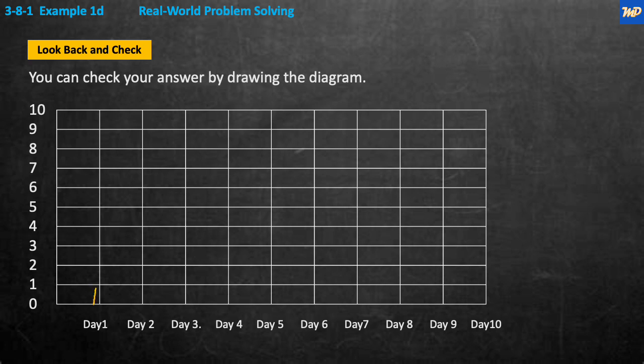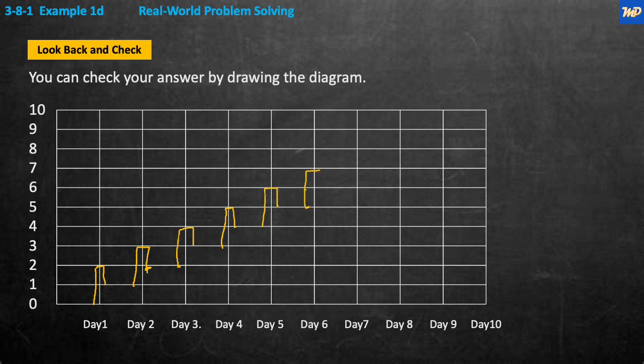We go up 2 feet, and then we go down 1. And then on day 2, we go up 2 feet and down 1. Then from here, up 2 feet and down 1. Up 2 feet, down 1. Up 2 feet, down 1.